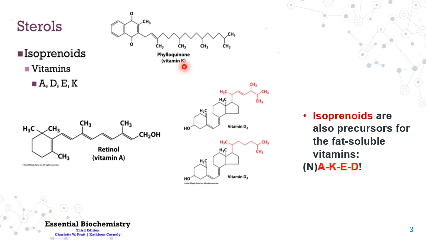Here you have also an example of vitamin K, right? And here you have 2 forms of vitamin D. One is the active and the other one is the inactive form. But just having a basic idea of what those vitamins look like and what they are derived from, that's the main idea here.